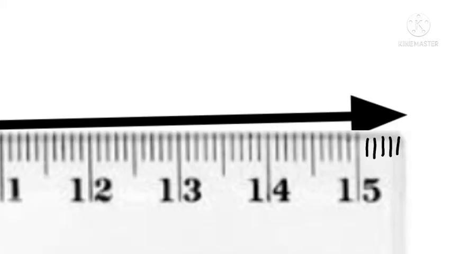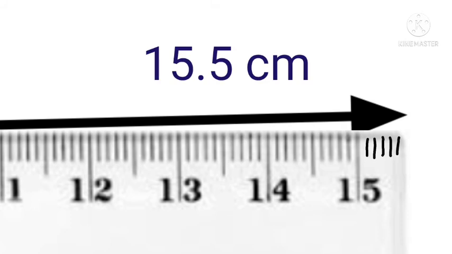Now see the measurement, it is 15 plus 5 more lines, so it can be written as 15.5 centimeter. We usually say 15 and a half. So that's it. Now about this activity. Here you have to place the scale on any 2 points after guessing the measurement. How will you do that?